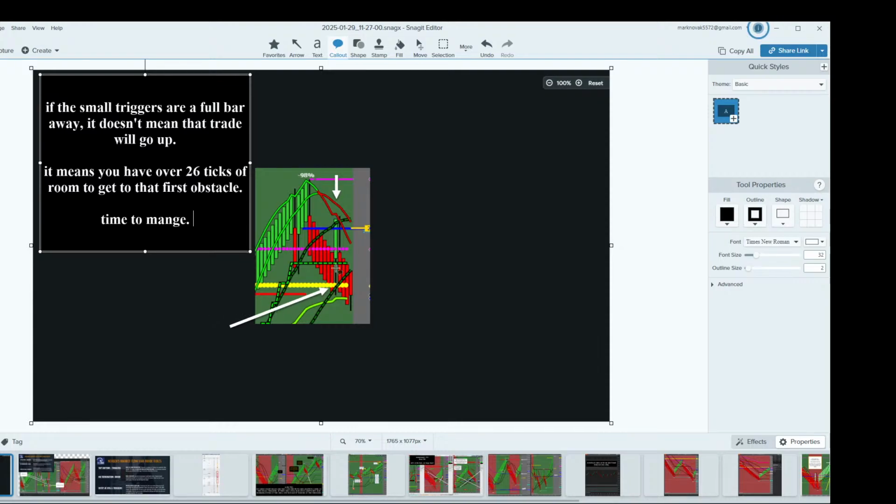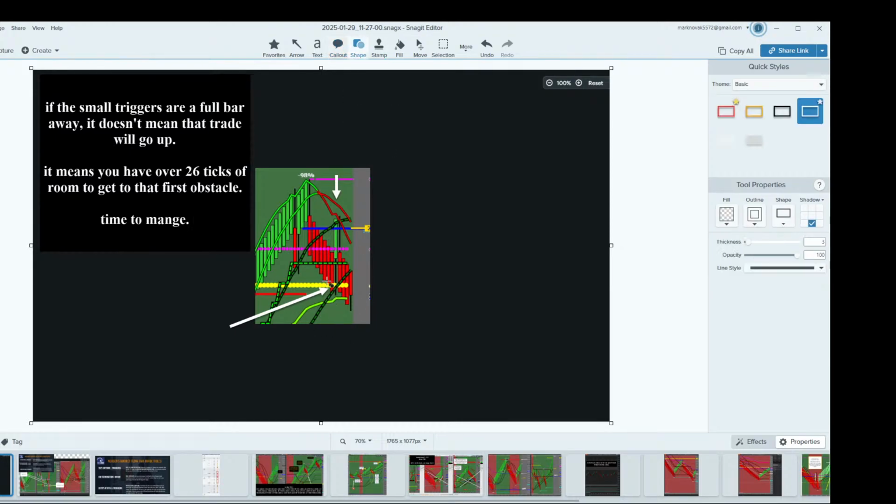So this one, absolutely, get in, right? Get in at the area and be prepared to manage if the small triggers behave as resistance. And then when it comes back to the area, look at where the triggers are. That's the one that says pump the brakes and wait. Does that make sense?